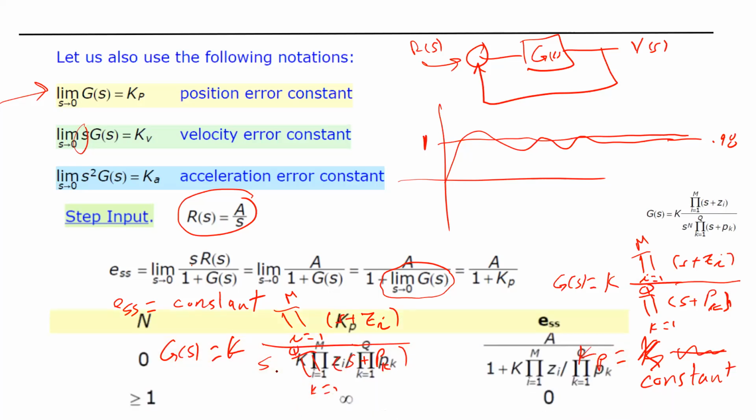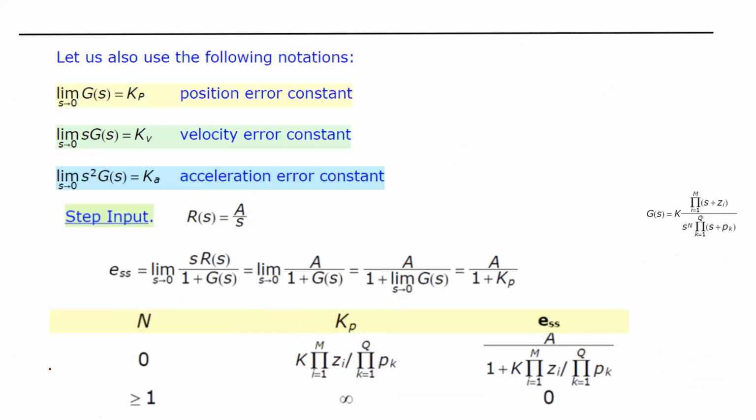But it will be faster and better. So the order of convergence will be higher. But there is a compromise. What is the compromise?